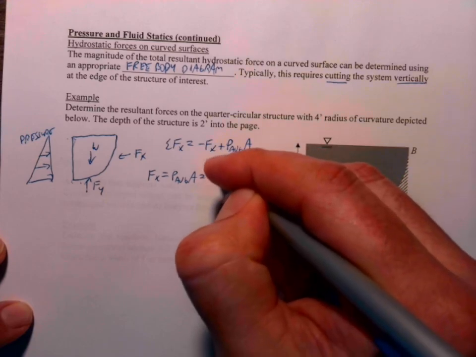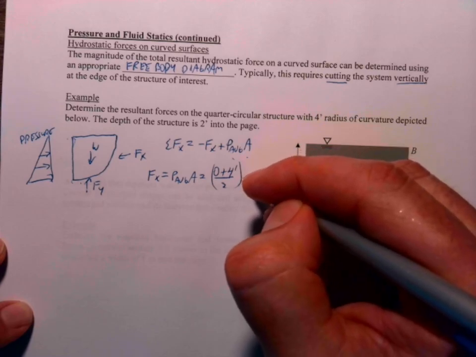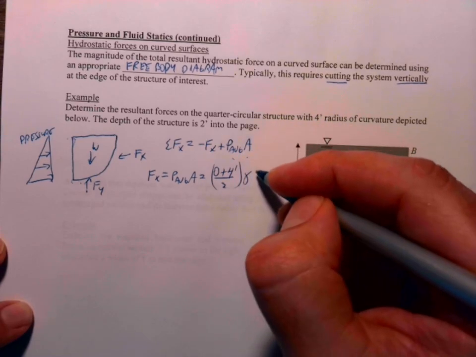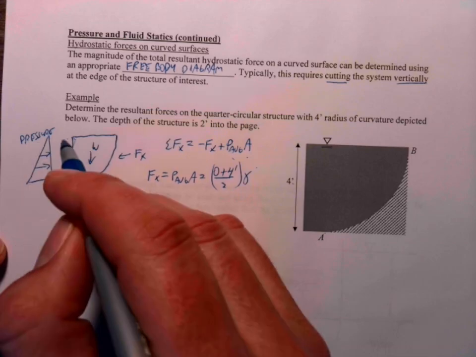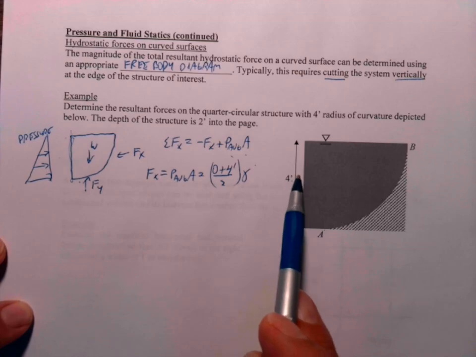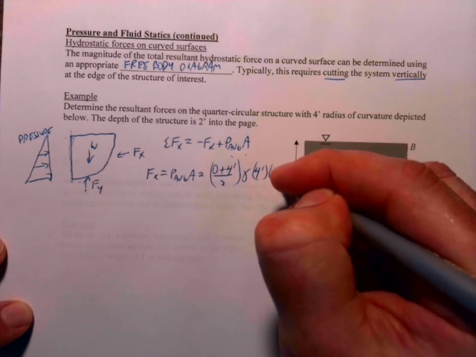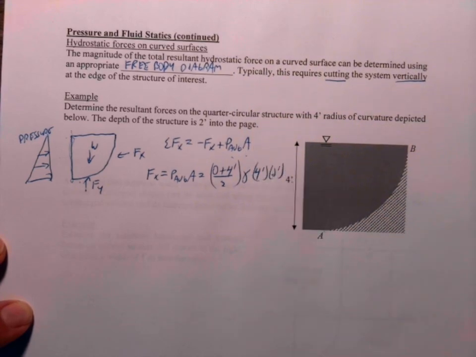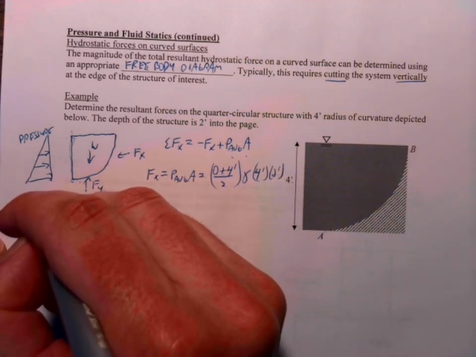That's the average depth times the specific weight of the water, which is gamma. And then the area that it's going to be multiplied by is 4 feet this way, and then we're told in this one the depth of this structure is 2 feet, kind of coming towards us, so it's times 4 feet and times another 2 feet. That's the area.